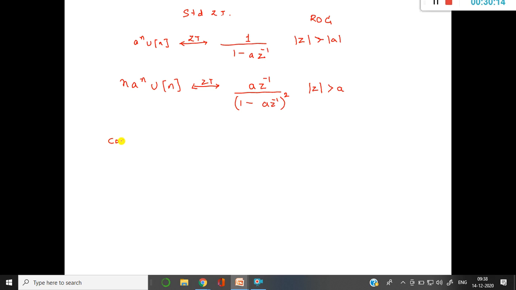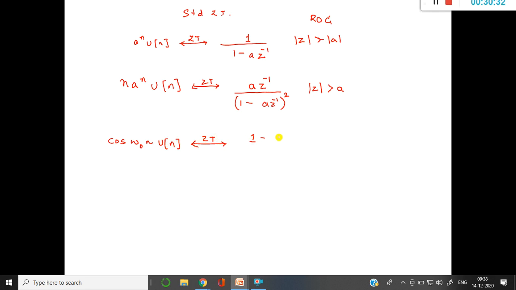Another important Z transform is of cos of omega naught n u of n. These are all right-handed sequences because we have u of n. If it is u of minus n, then it is going to be a left-sided sequence.